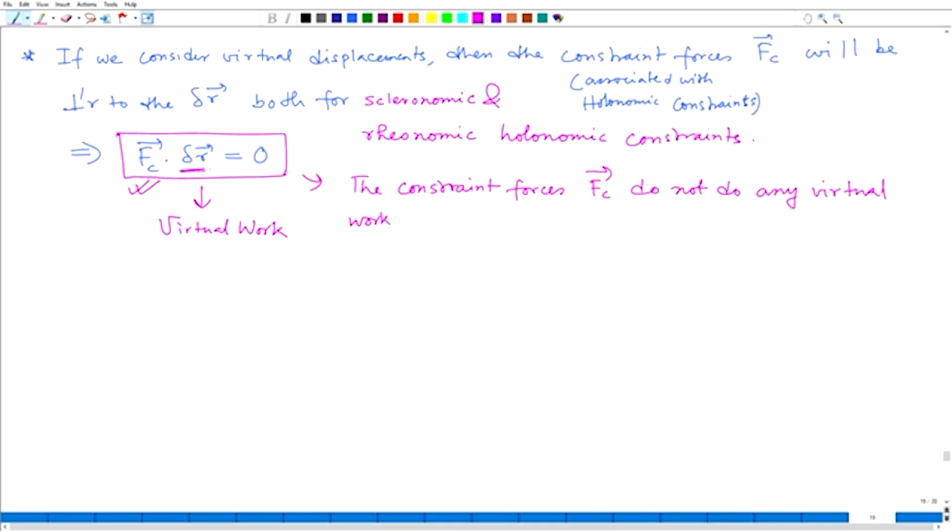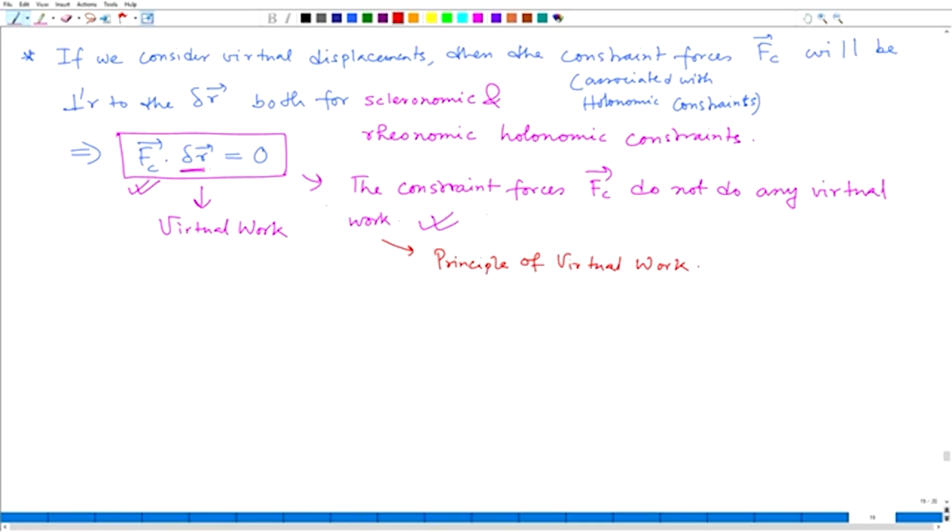If we can write that, then this is the principle of virtual work. This is known as the principle of virtual work.